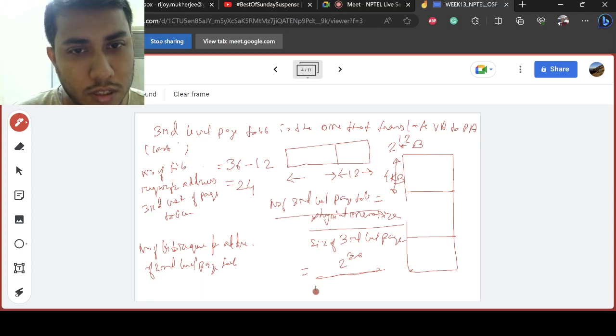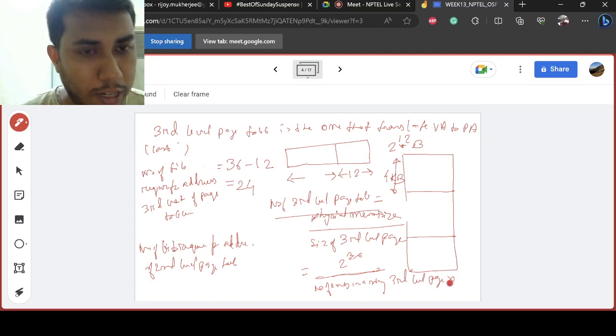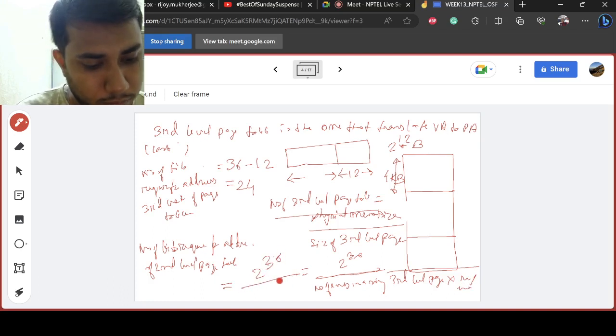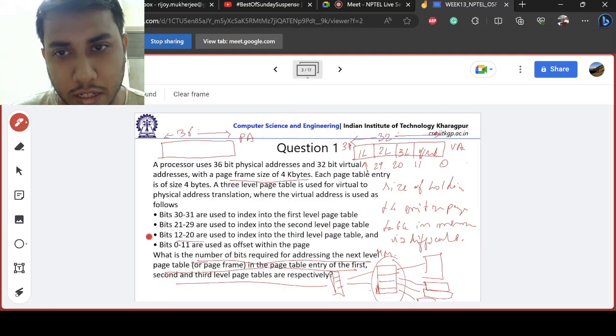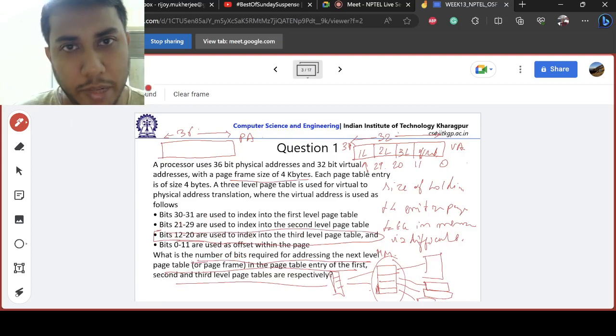Number of entries in a single third level page multiplied by size of an entry. So that will come down to 2 to the power of 36 and the number of entries in a single third level page, that indicates this part, the nine bits required to use the third level page.